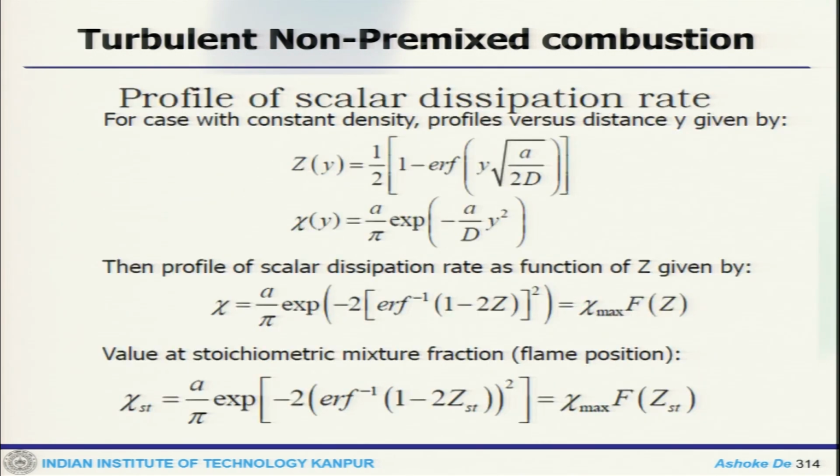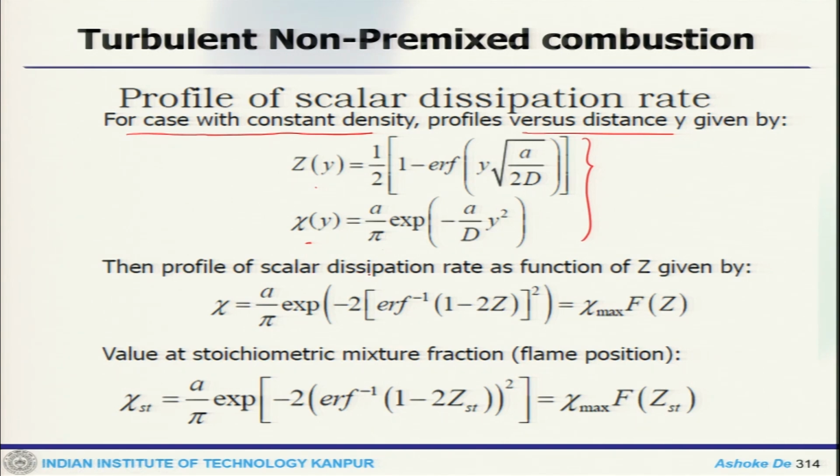Now there are different profiles available to represent the scalar dissipation rate. Let us say for the case with constant density, the profile versus distance is given as Z(y) is half of 1 minus error function, and scalar dissipation rate is a by pi exponential function of minus a by D y square. This is for a constant density situation.